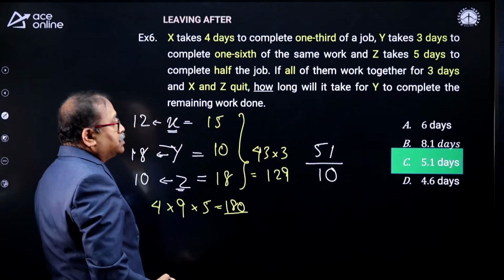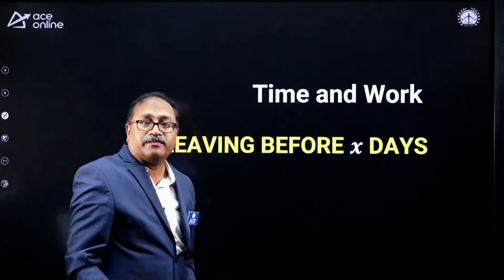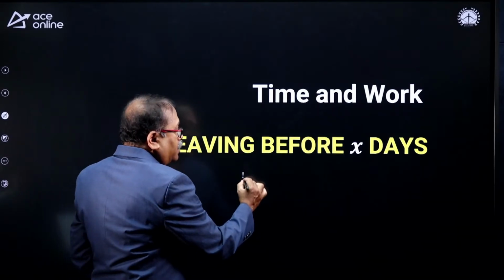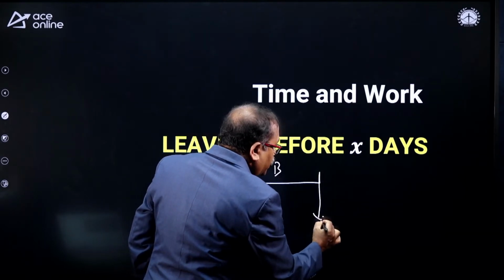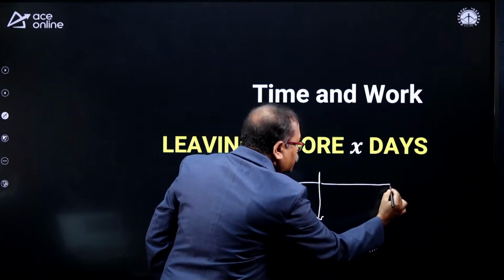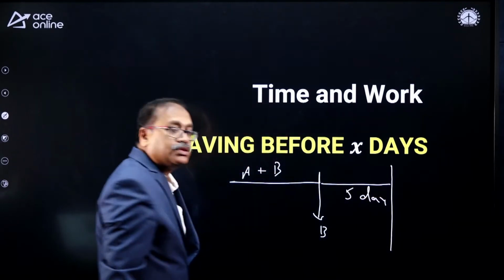But in this model we are talking about leaving before X days. That means A and B started the work, and B left 5 days before completion of the work.